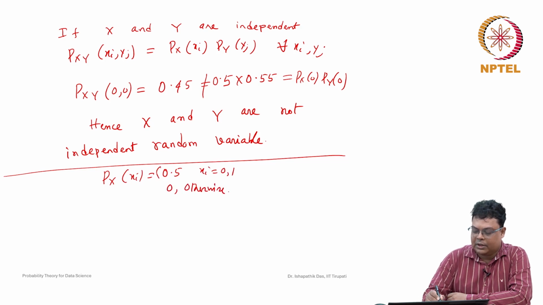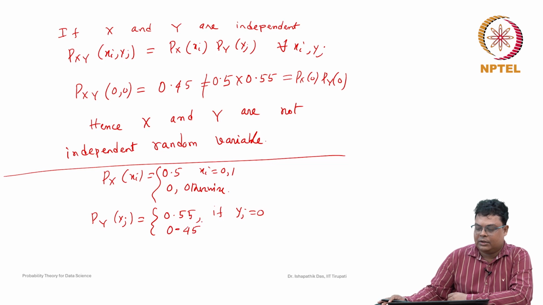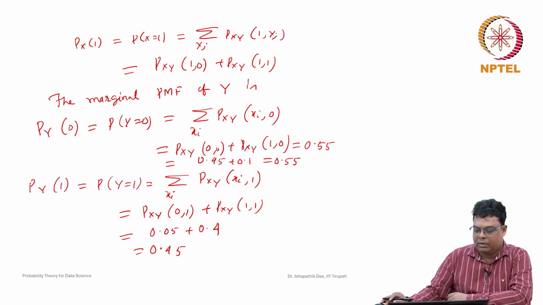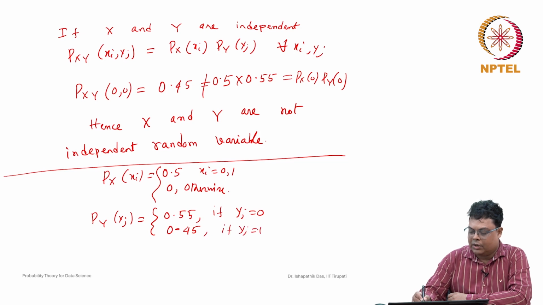This is the probability mass function if you want to represent it properly. Similarly, p of yj is 0.55 if yj is equal to 0, and 0.45 if yj is equal to 1.